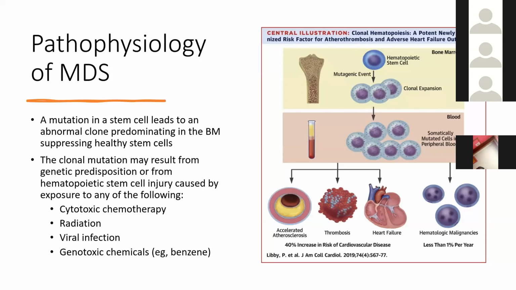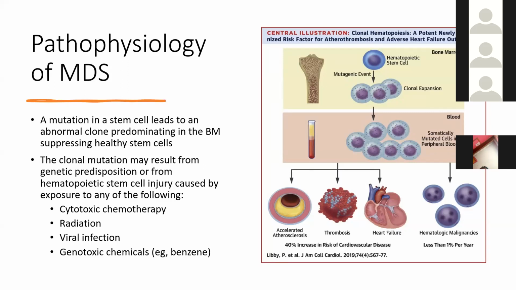Some viral infections can predispose one to myelodysplastic syndrome, especially where there is subsequent immune disease. And then some genotoxic chemicals like benzene, and some of the agricultural chemicals that are used, like organophosphorus compounds, have also been implicated.